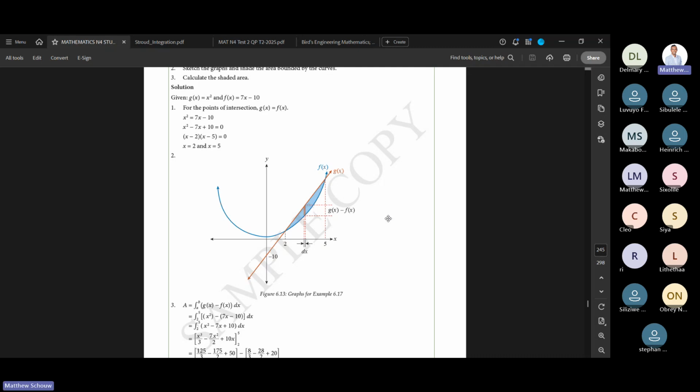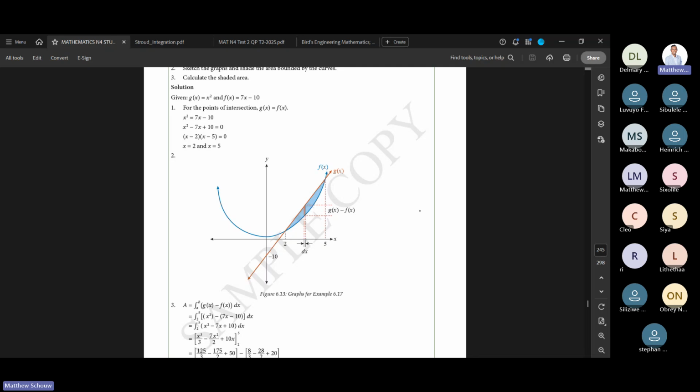If you have any experience, you know that to find intersection points, you make g of x equal to f of x. I remember this was a big revelation to me back in grade 11. So g of x is equal to x squared, right? No, this one is not like this. What's on top here? Okay, I'm getting confused here. g of x is a straight line.